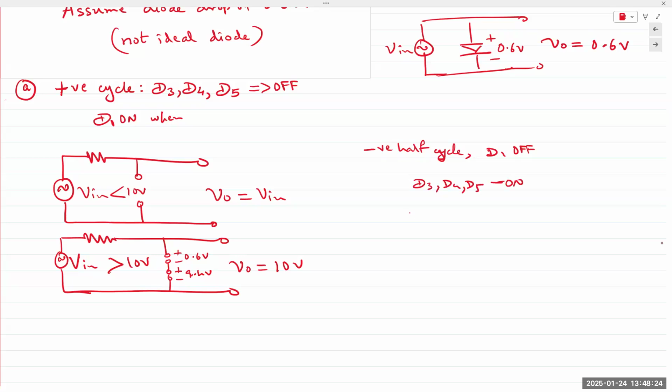But if I assume them to be 0.6, then 0.6 plus 0.6 plus 0.6 would require 1.8 volts. So in the negative direction, if I apply any signal that is larger than 1.8, that gets clipped to minus 1.8 in the negative half cycle. Okay.